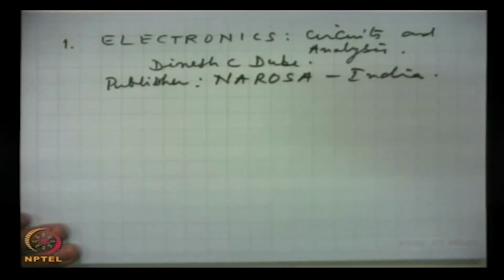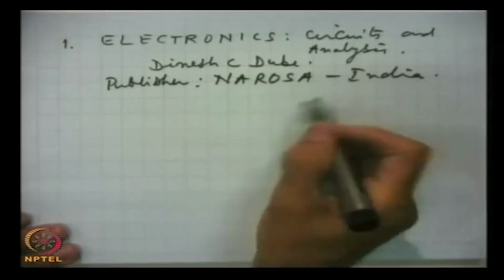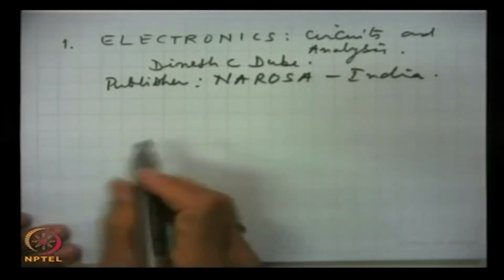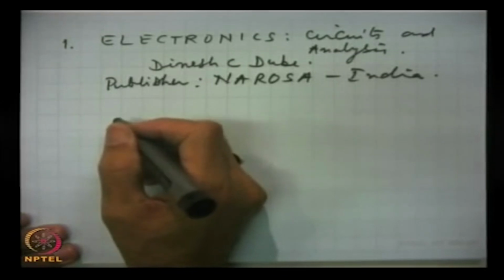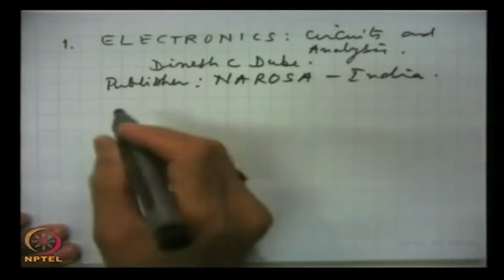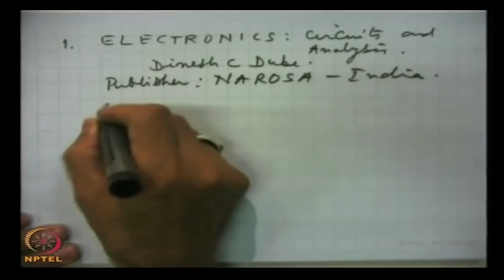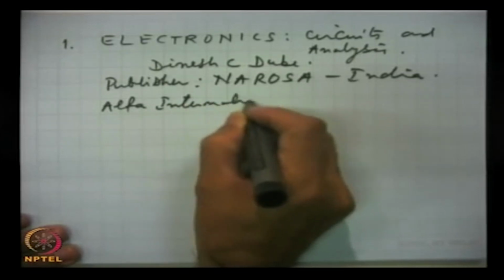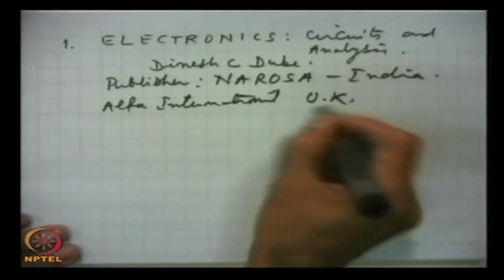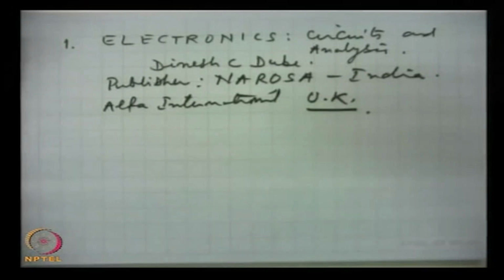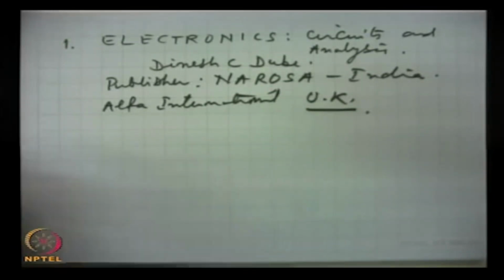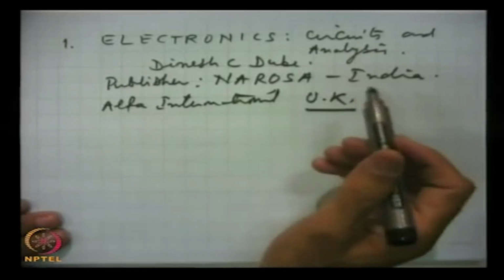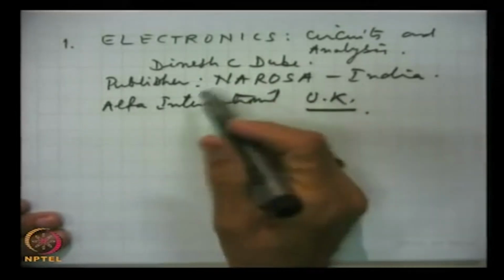In India, they have branches in Delhi, Chennai, Calcutta and Mumbai. All the cosmopolitan cities have their branch, and for Europe and US and Canada, this has been published by Alpha Science International, UK. You can see this on the internet by giving these details, Electronics, Circuits and Analysis by Dinesh C. Dubey.